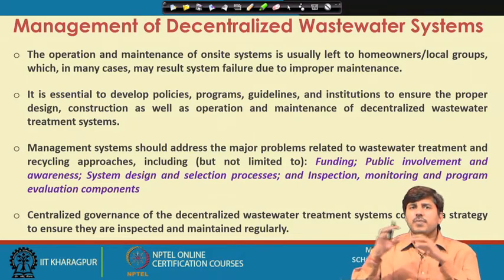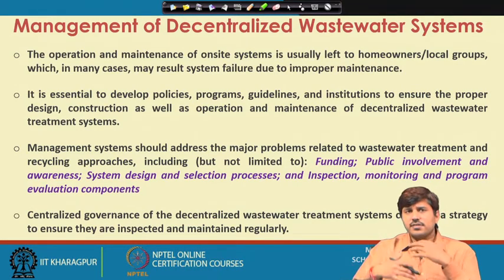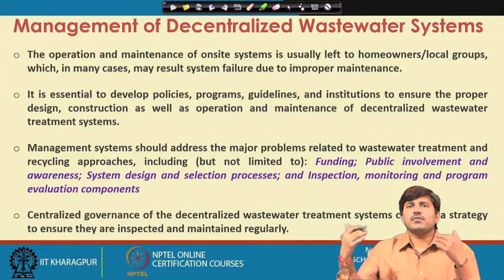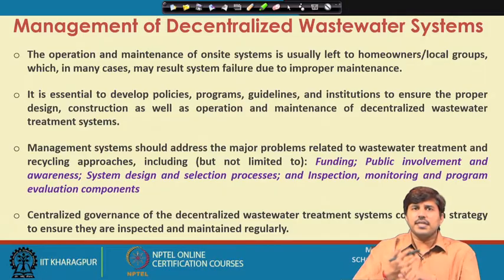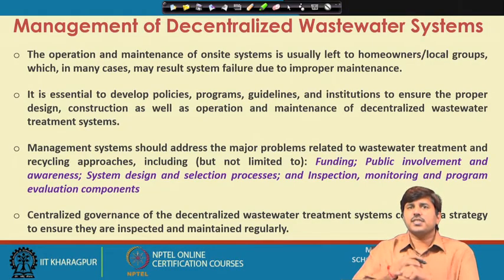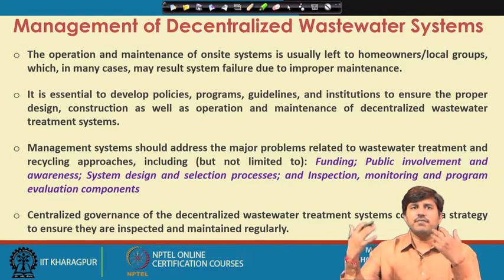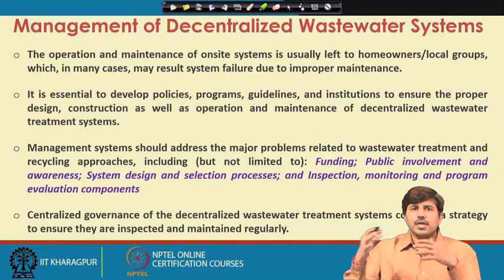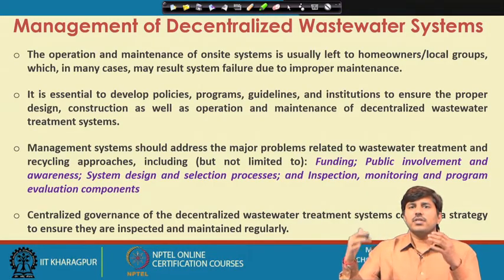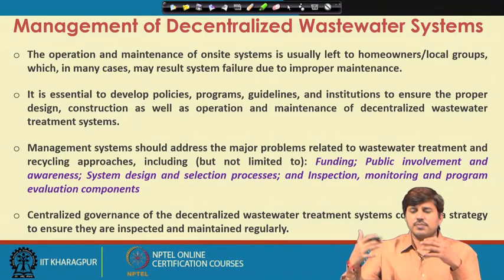And this management system should address several points, like funding, public involvement and awareness, the system design and selection processes, the inspection, monitoring programs and evaluation of these decentralized facilities. Some people in fact recommend that there could be a centralized governance for the decentralized wastewater treatment systems as well.